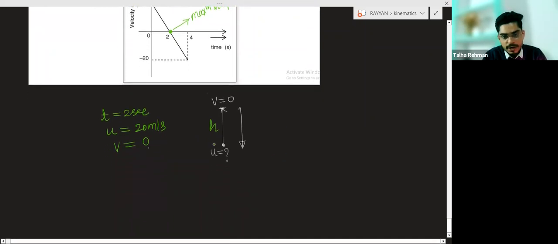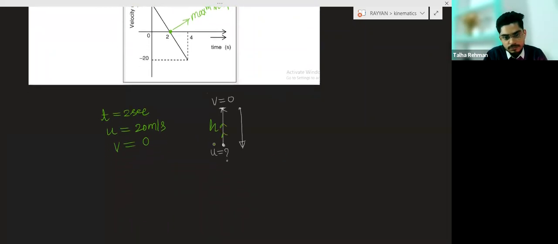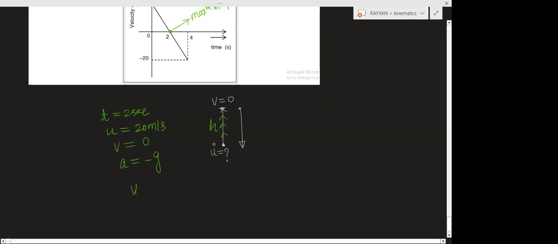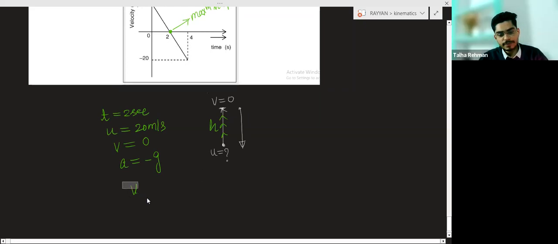Now the body is going in upward direction, and the acceleration of the body is minus g. So for maximum height apply this formula: s is equal to ut plus half at square.